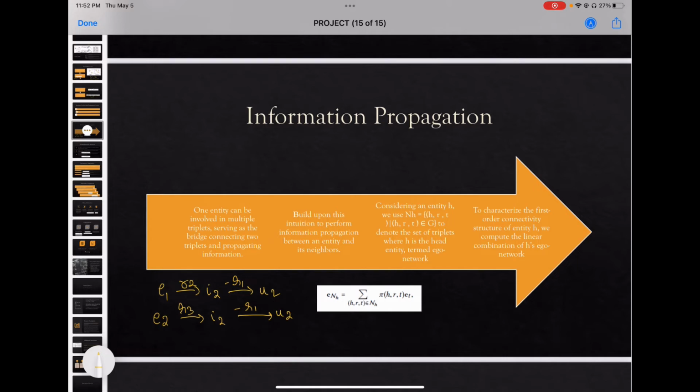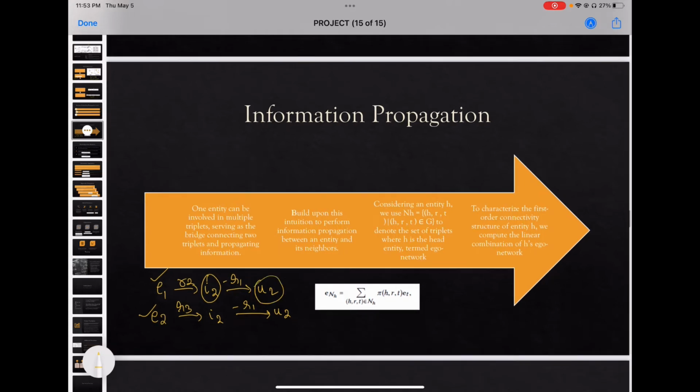Item I2 takes attributes E1 and E2 as inputs to enrich its own features and then contributes to user U2's preference, which can be simulated by propagating information from E1 to U2. Similarly, it also enriches its own information by taking information from E2 and giving better recommendations for U2.